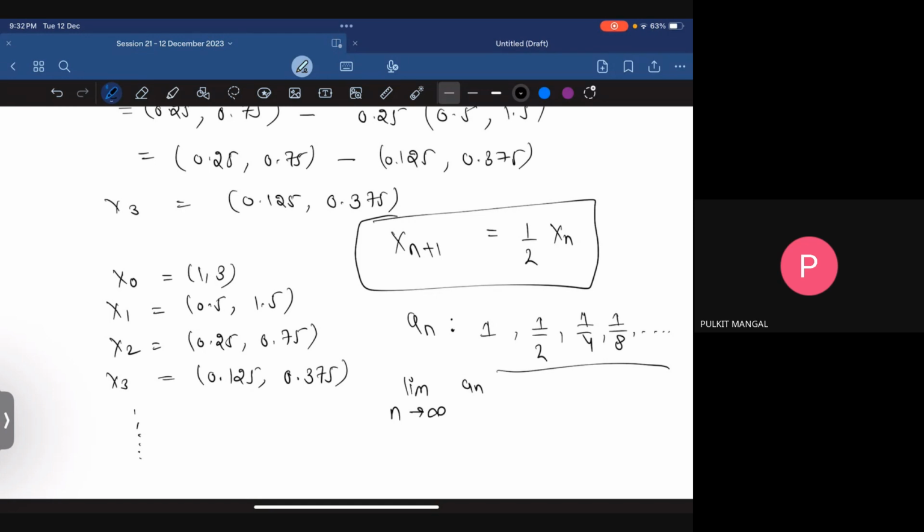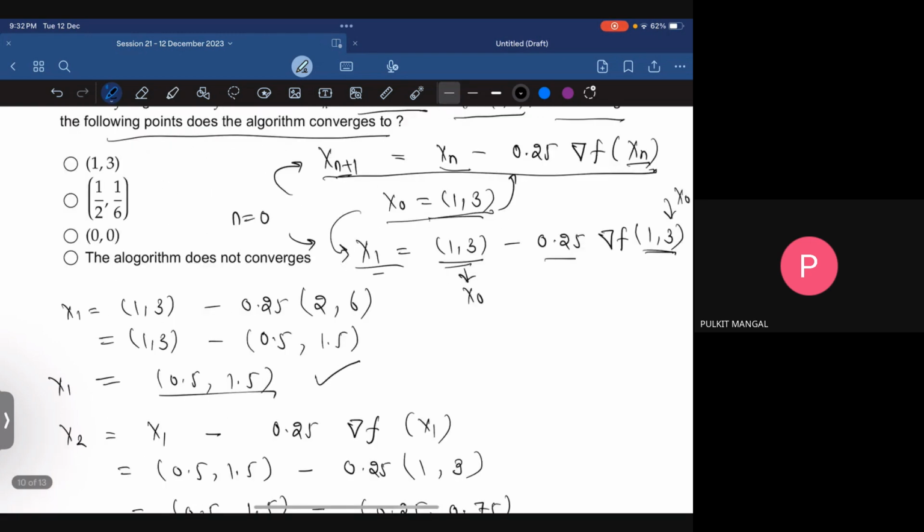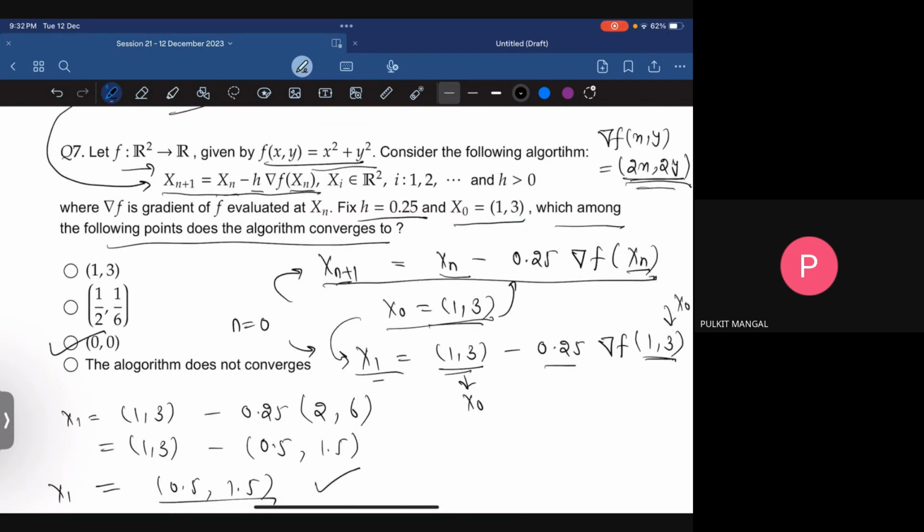This is my sequence now: 1, 1 by 2, 1 by 4, 1 by 8. Then what would be my nth term when n tends to infinity? 0. Yeah, correct. So this is also getting halved. So for any nth vector, when n tends to infinity, the algorithm converges to the point 0 comma 0. So the third option would be correct. Got it?